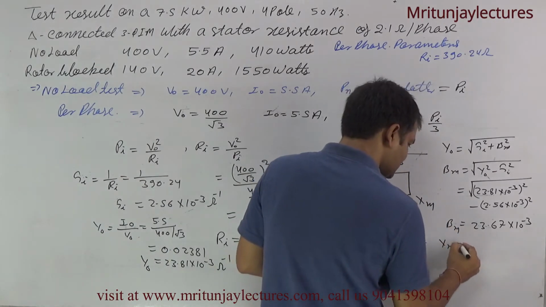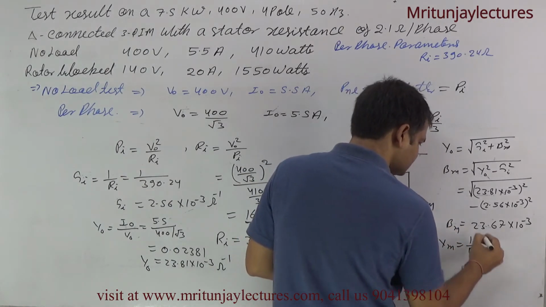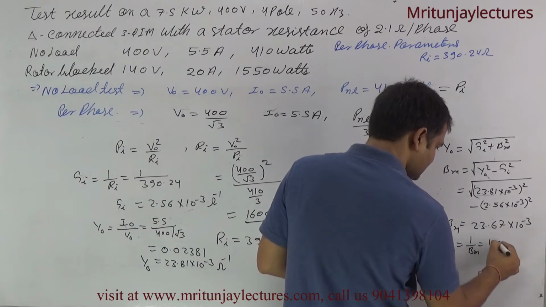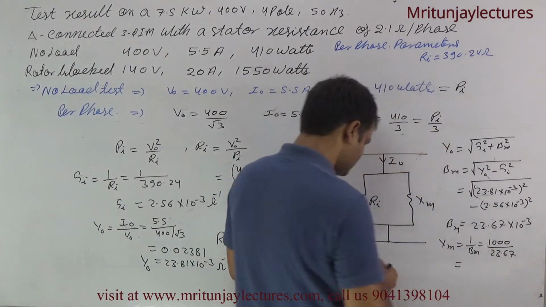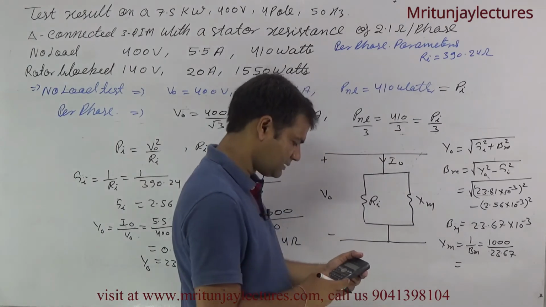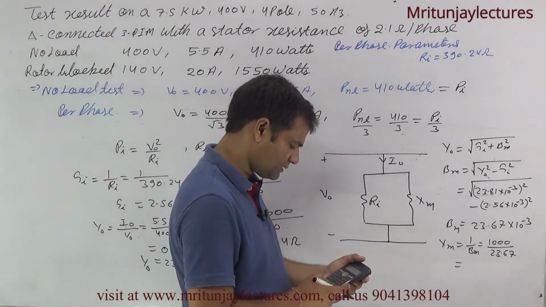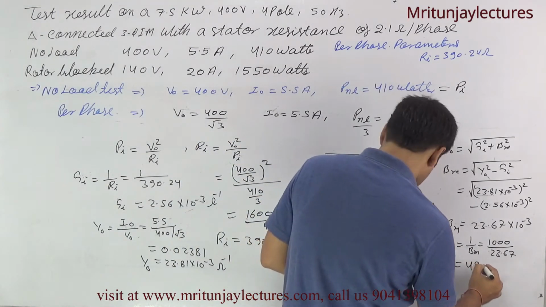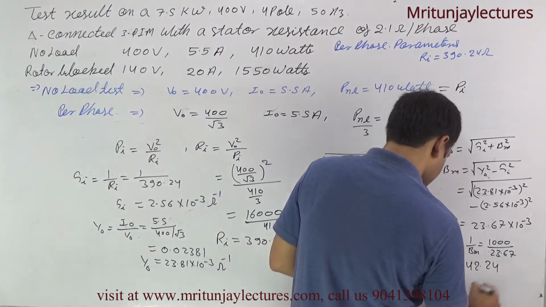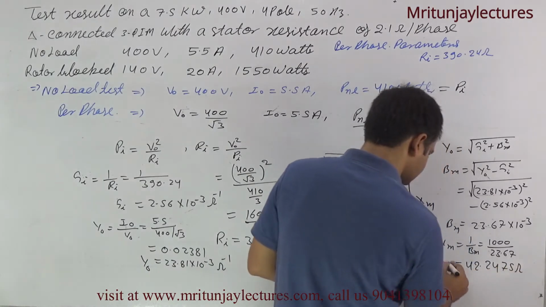So Xm is equal to 1 upon Bm, that is 1000 divided by 23.67, which is 42.2475 ohm. That is Xm.